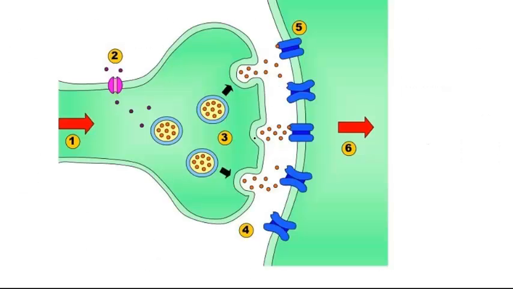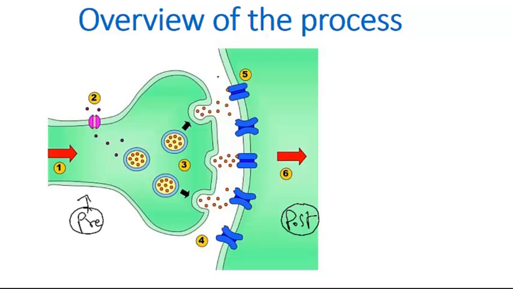This is the overview of the process that we are looking at, the events of synaptic transmission. If you look at this picture, this is the presynaptic cell, this is the postsynaptic cell, and the region in between the two is the synaptic cleft.